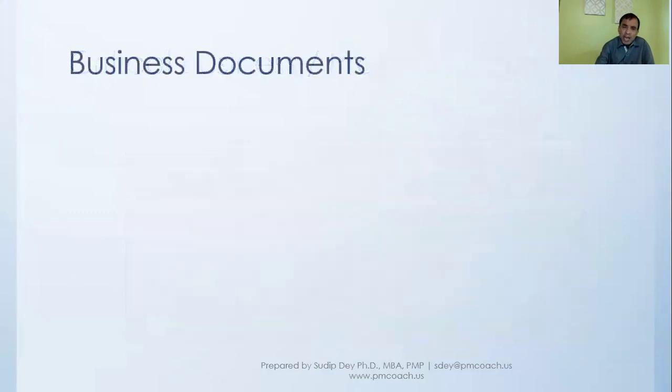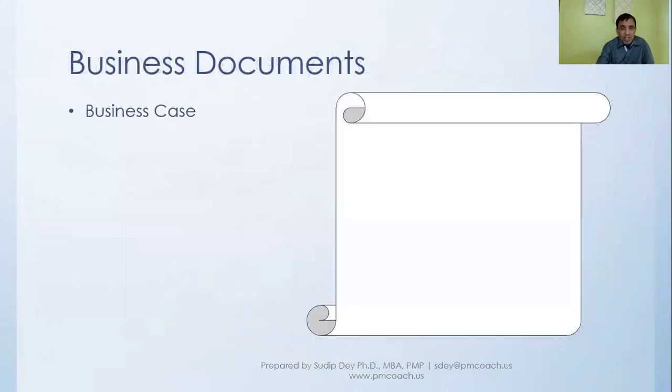Now, let's look at what these different business documents are. One is what we talked about, the business case. And when we talked about the business case, what does it have? It will have the business needs. What are the needs of the business that we are trying to satisfy? That is something that they'll put forward.